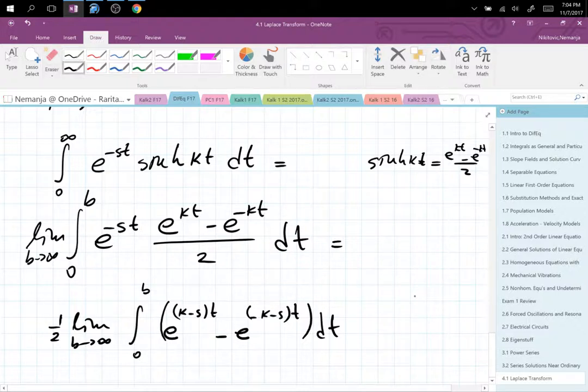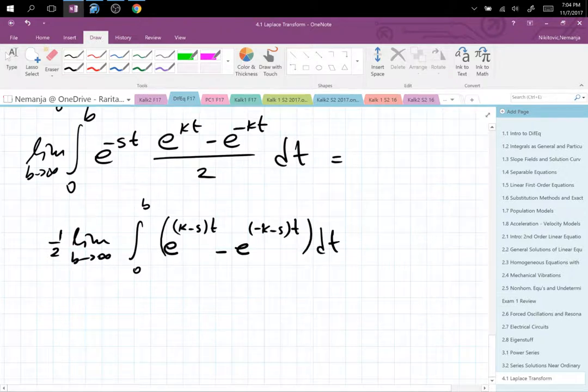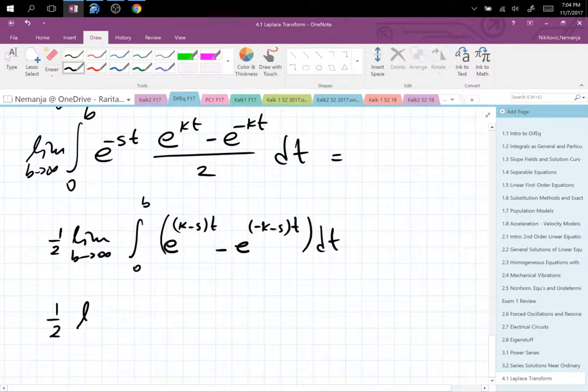The 1/2 is in front. Minus k minus s. Are we green on this? All right, now we can integrate, but what I can do is pull minus signs from each one of these, so it's not confusing later.